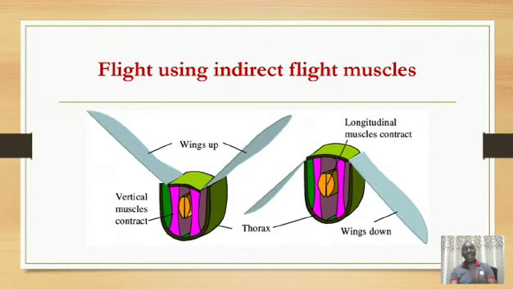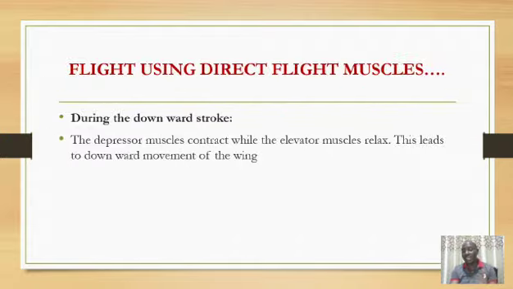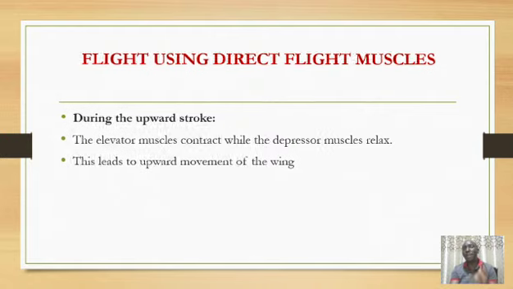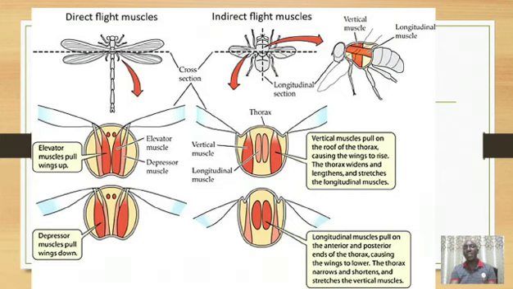When we meet again, we shall start from that very point of flight using indirect muscles. We have seen direct flight, where the muscles are attached directly to the bases of the wings, bringing about upstroke and downstroke.